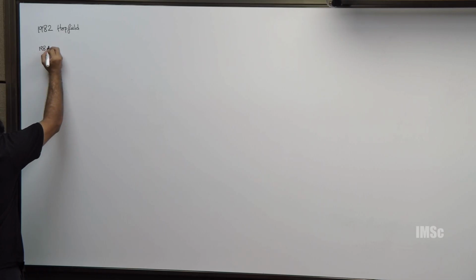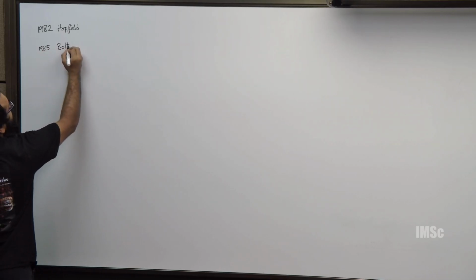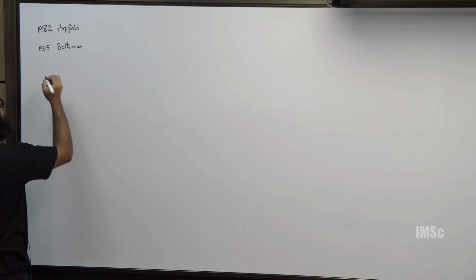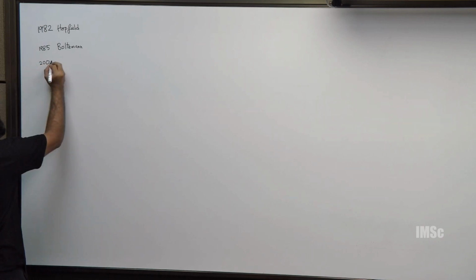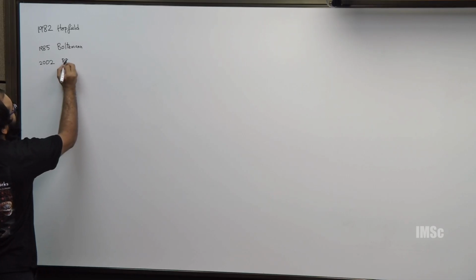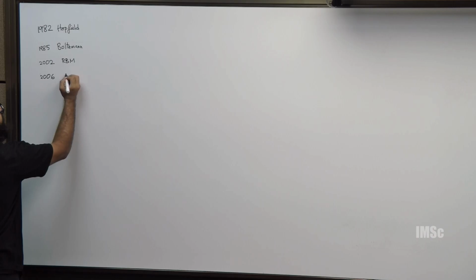Then we'll go to the 1985 Boltzmann machine, formulated by Ackley, Hinton, and Sejnowski. Then we'll jump to 2002, again Hinton, with something called a restricted Boltzmann machine. And then in 2006 we'll look at autoencoders or deep belief networks.